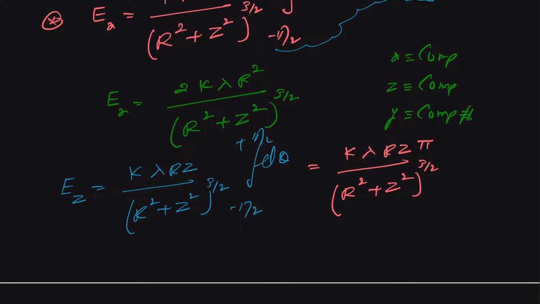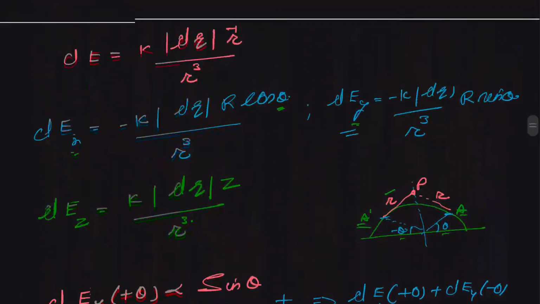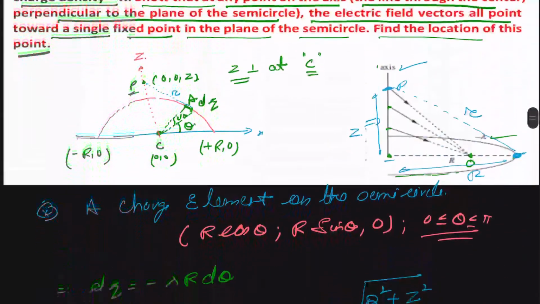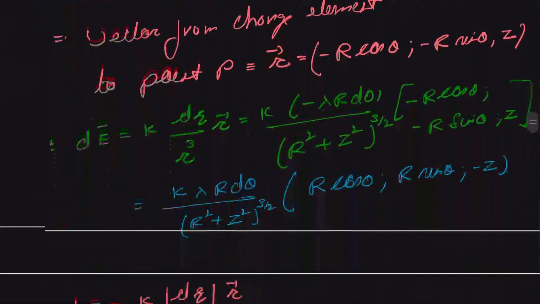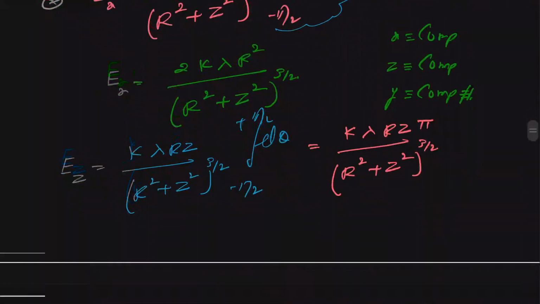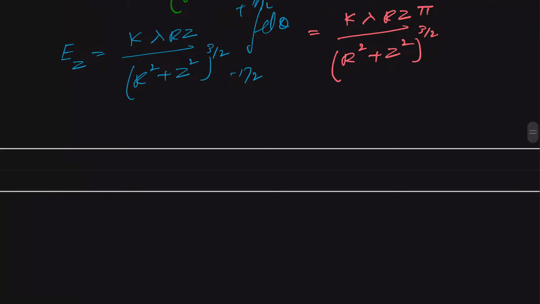And now in this particular case, if you look closely, you can clearly see that this angle is changing. As the point P is changing, first it is here, then we can take this and this. For any point P, we are going to get a different angle of the electric field at point P. So we are interested in finding this particular angle, and let us call this angle alpha.